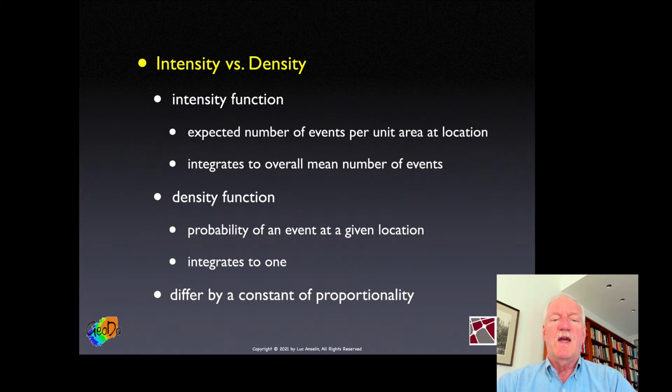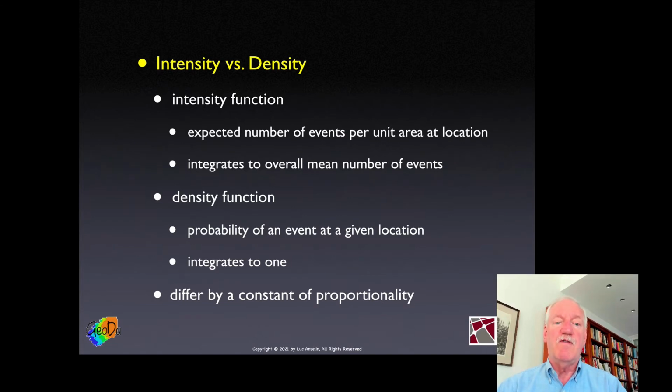So in essence, they're the same, but they differ by a constant of proportionality. So an intensity function is the expected number of events per unit area. We've seen that before. And if you add it all up, it scales to the overall mean number of events, as it should. Whereas a density function is standardized so that it scales up to 1, like any probability function.